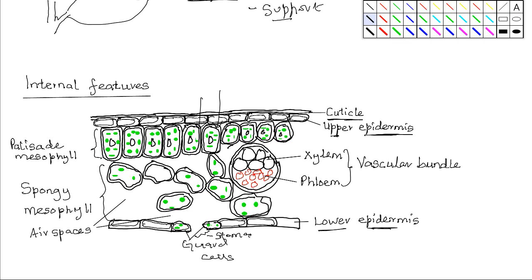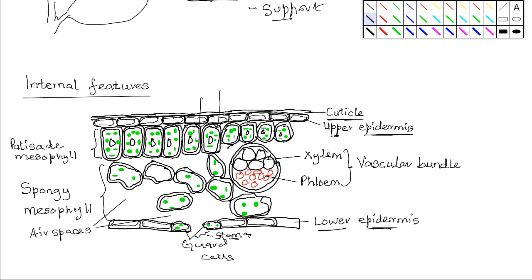So the guard cells control the opening and closing of this stoma through which carbon dioxide enters the leaf to be used in photosynthesis. These guard cells also have chloroplasts in them, hence they are also photosynthetic.